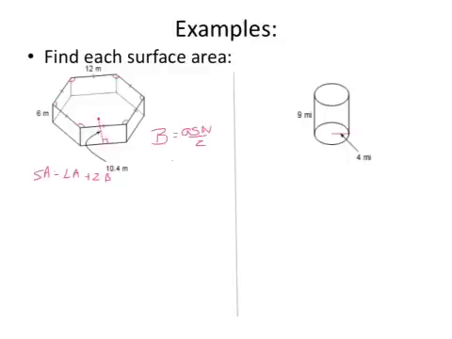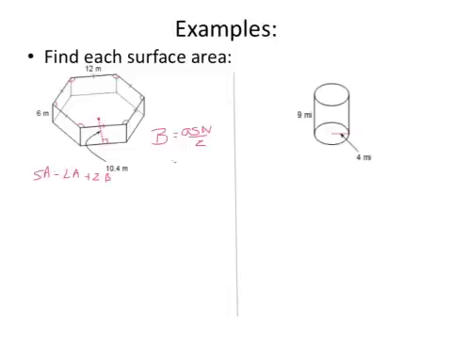Okay? So each of these prisms will have a different area formula. So if it was a triangle, I would use 1/2 base times height. If it was a trapezoidal prism, I would use the trapezoid area formula for B.